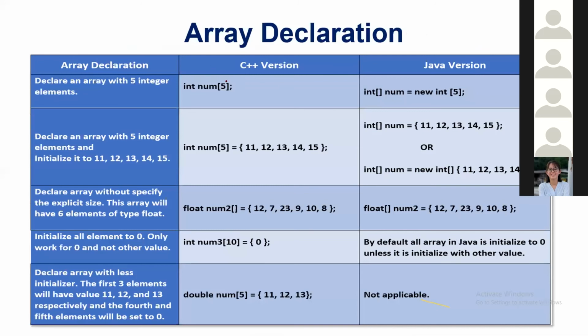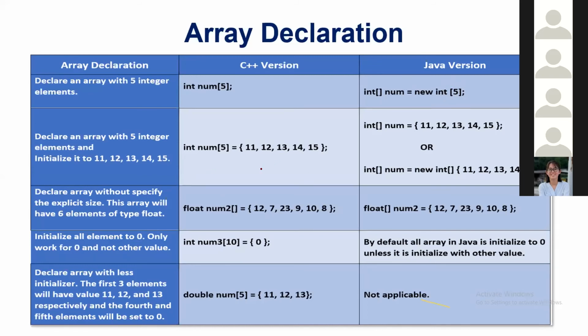For C++, you just need to remember that you have a variable and a data type, and this is the size of the array. But for Java, int and the square brackets, then this is the variable name. To define the size, you put it as equals new int 5.